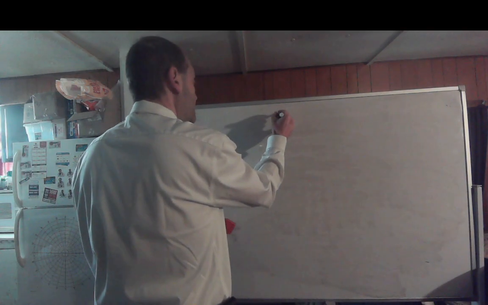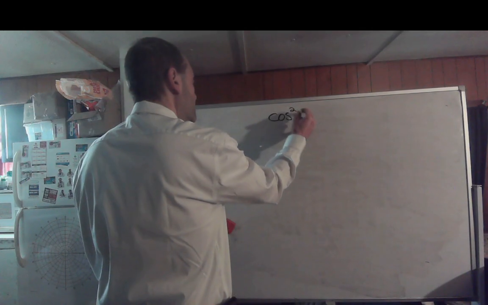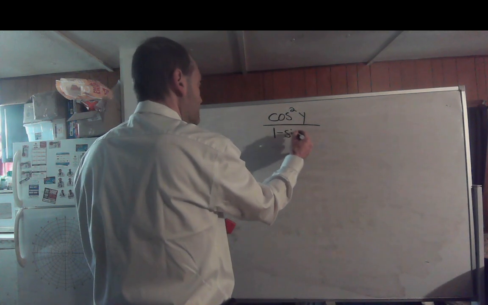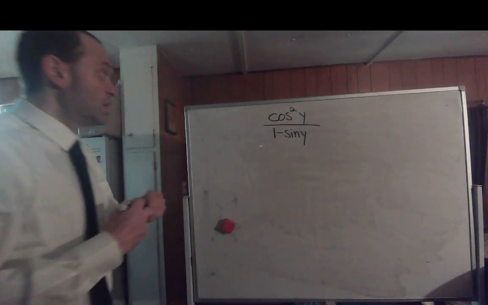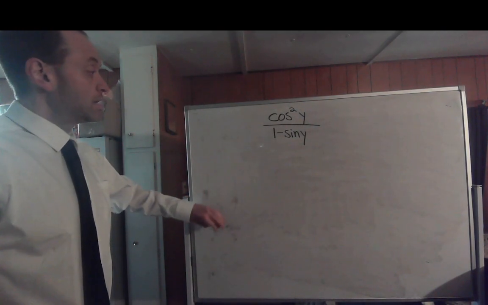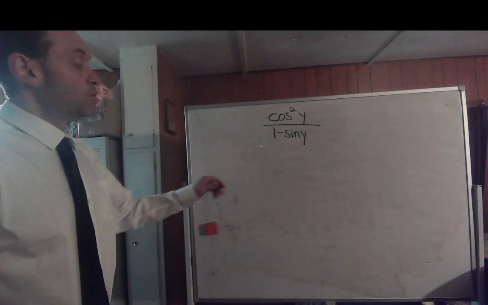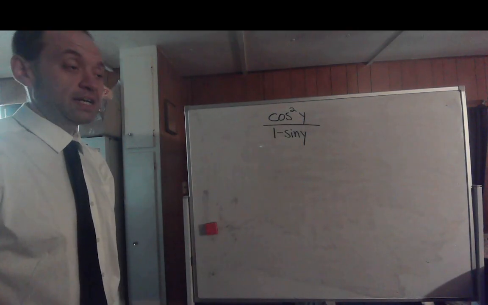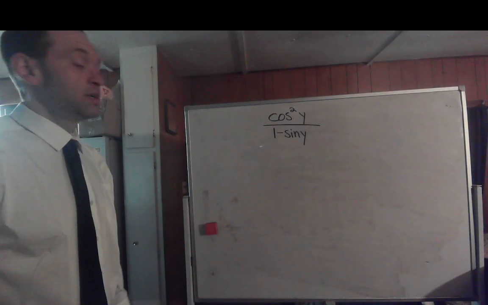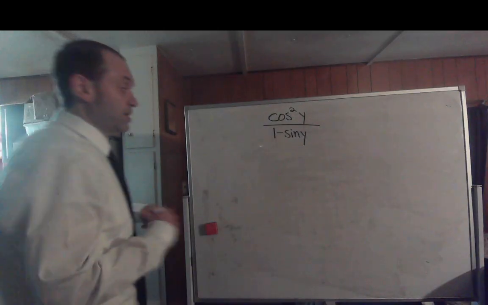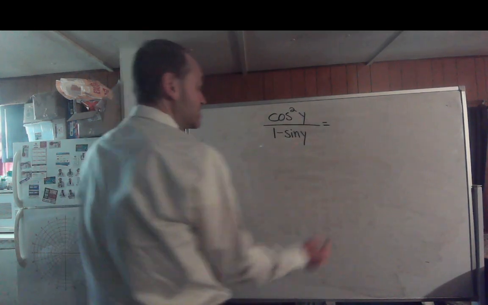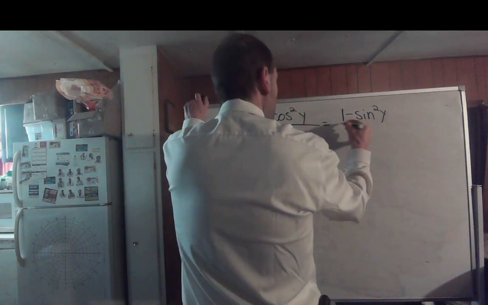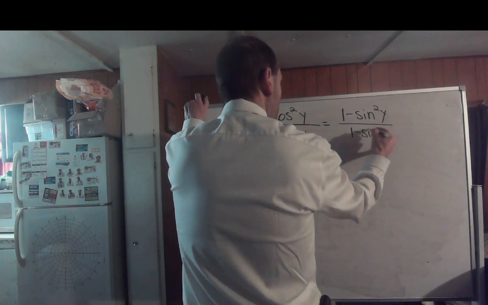Good one here. So we have the cosine squared of y divided by 1 minus the sine of y. Alright, so what is cosine squared? We know cosine squared plus sine squared equals 1, so 1 minus sine squared equals cosine squared. So this could turn into 1 minus the sine squared of y all over 1 minus the sine of y.